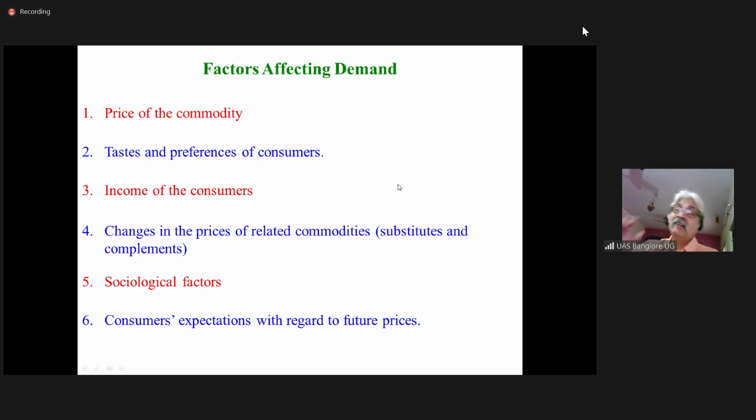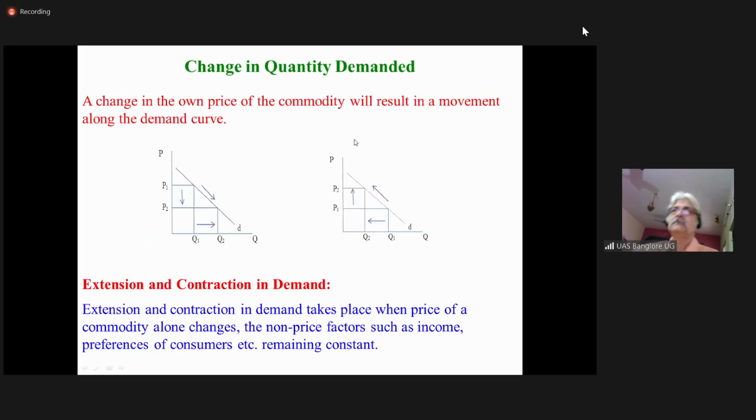Then even if the price goes up today, the demand for cigarettes will be very high today, because consumers expect a shortage of supply next week. So prices will go up from 50 rupees per packet to maybe 150 rupees per packet. So the demand increases today. So consumers' expectations with regard to future prices also affect the demand for a commodity.